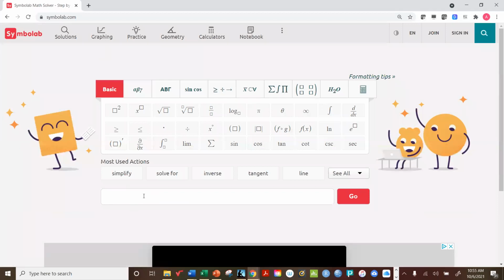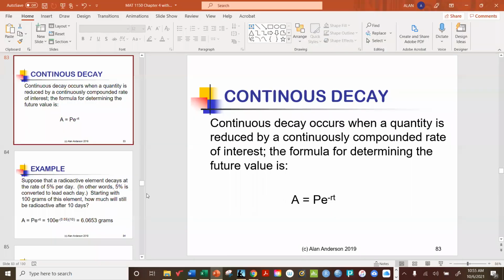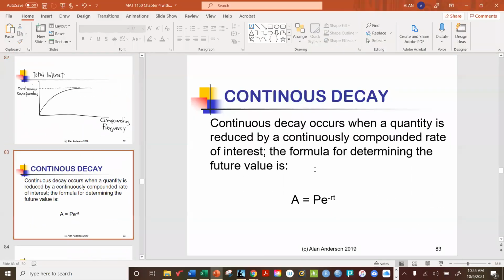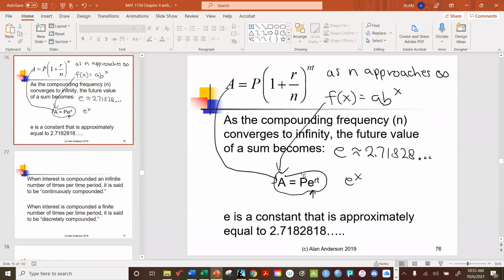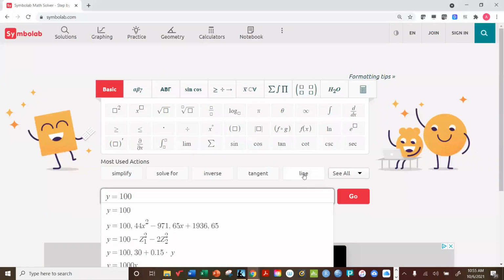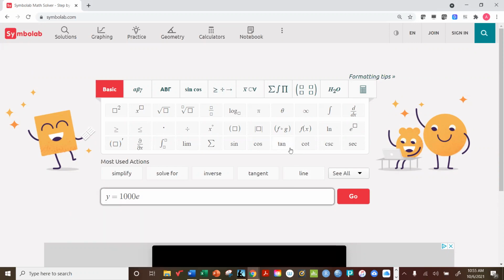We'll start with y equals, oh, I don't know, how about for the positive one, we'll put 100, 1,000. Now let's see if they have E here. Yes, they do.